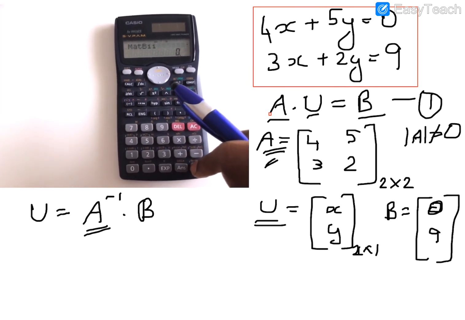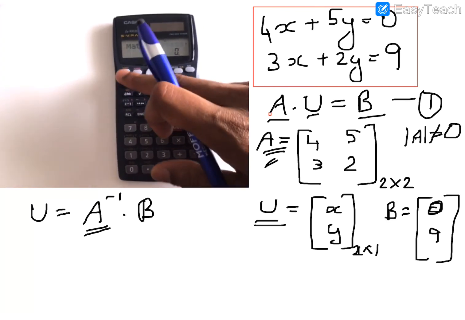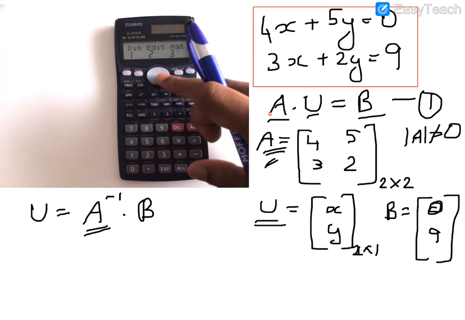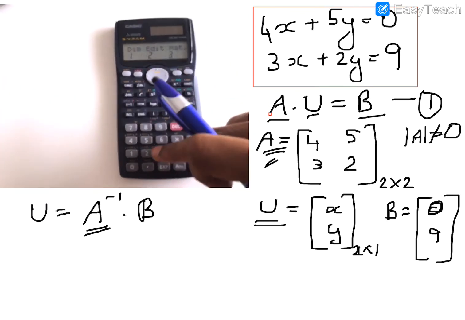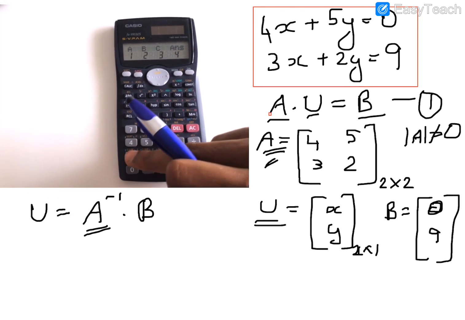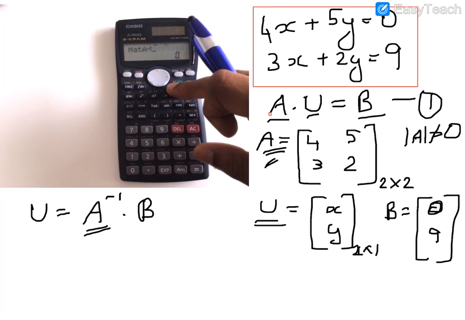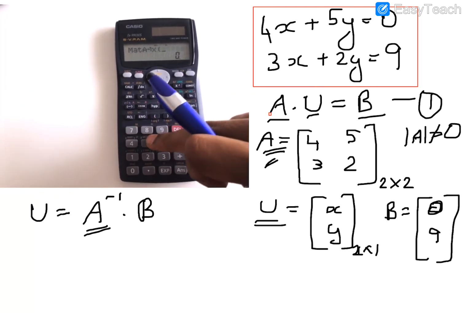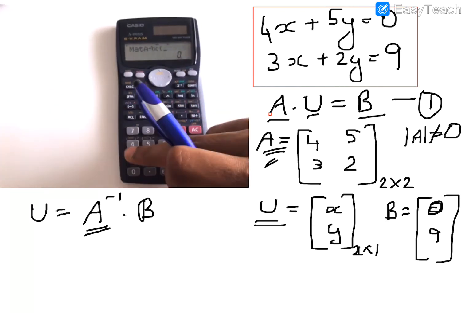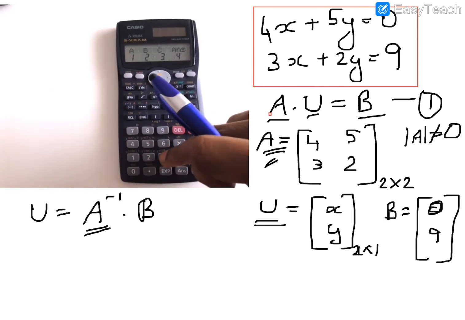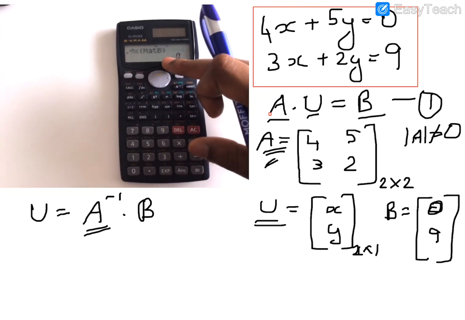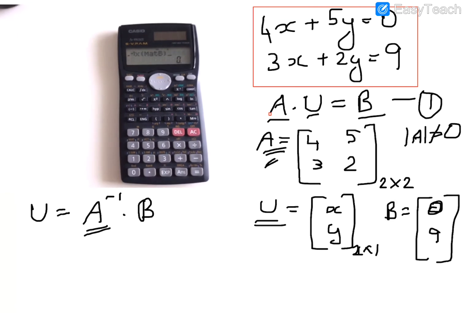So in order to do the matrix operations, I'm going to select matrix, and I'm going to select matrix A inverse times matrix B. So here in the calculator, what is in matrix B is right here.